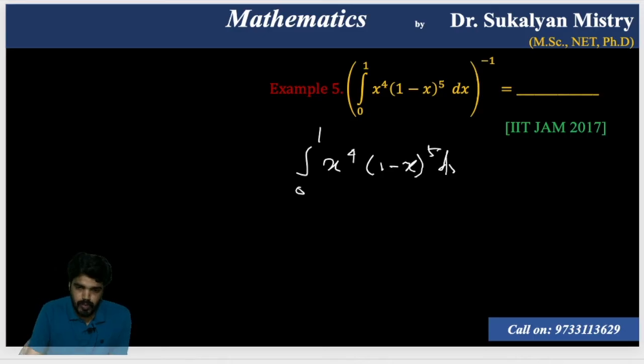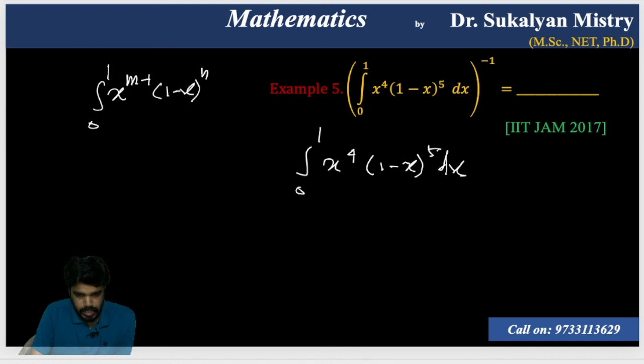So we know the definition of the beta function: the integration from 0 to 1 of x to the power m minus 1 into (1 minus x) to the power n minus 1 dx is beta m, n. So this will be beta, that is 4 plus 1 is 5, and 5 plus 1 is 6.